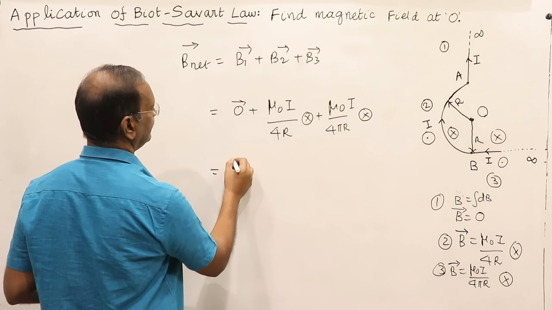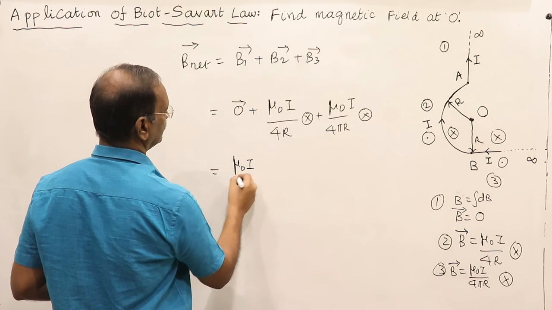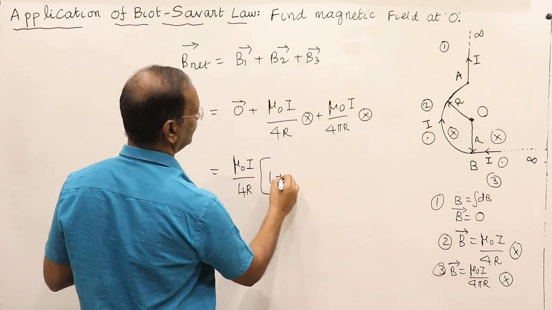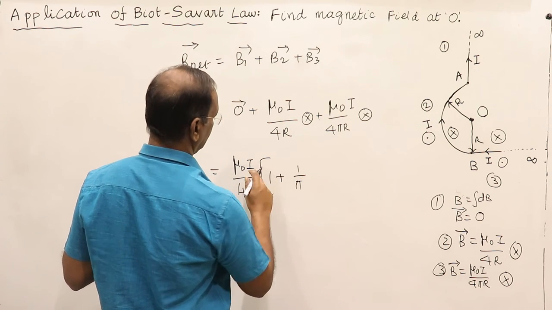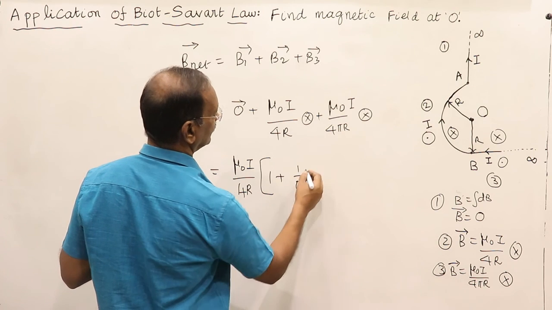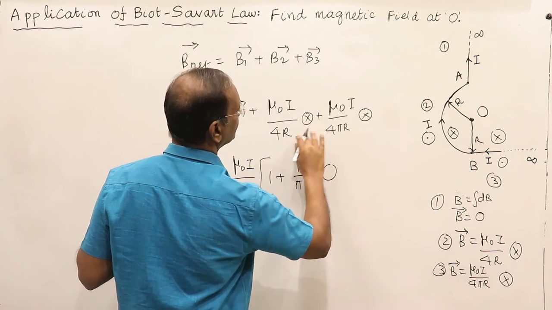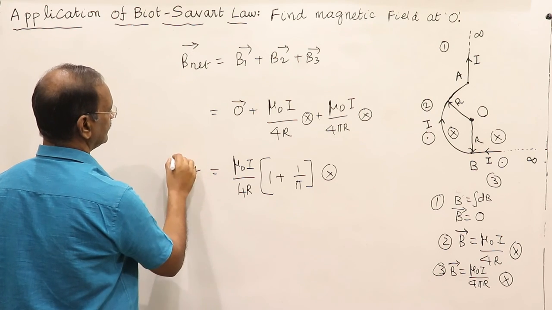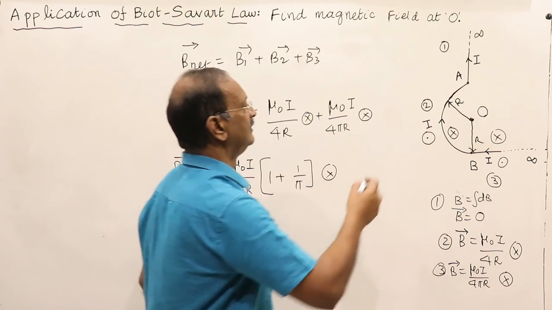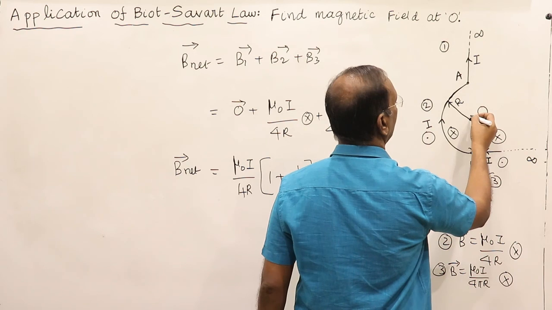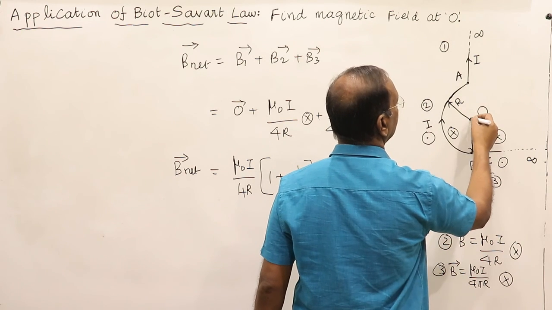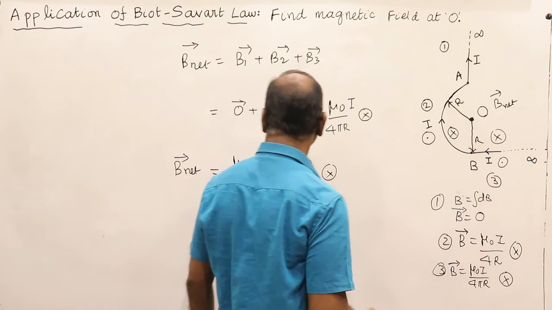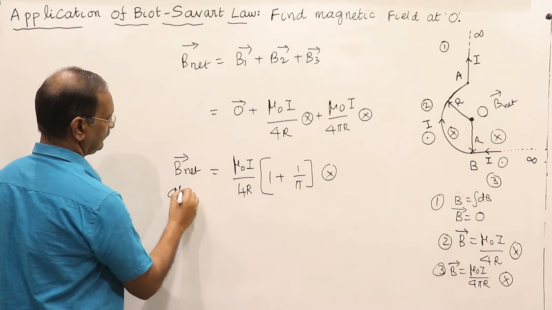We will take the common thing out, mu naught I divided by 4R, into 1 plus 1 by pi, adding these because both are in the same direction. So this is the expression for B net due to this portion, and this entire portion creates a magnetic field of B net at O.